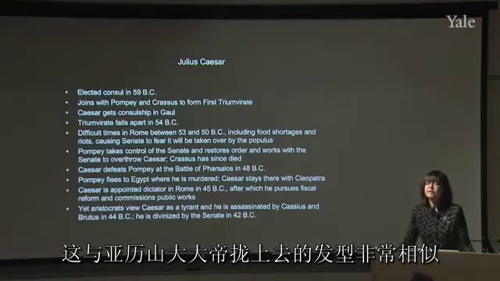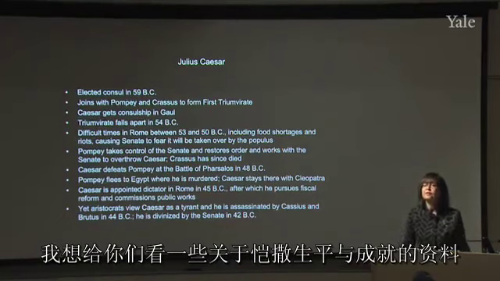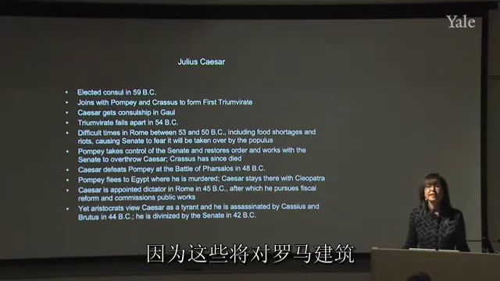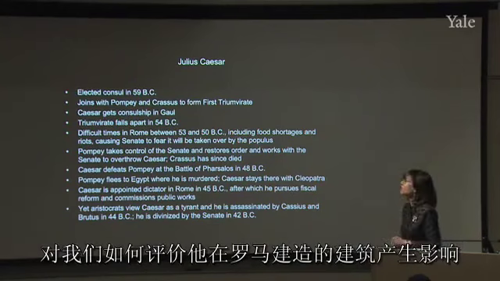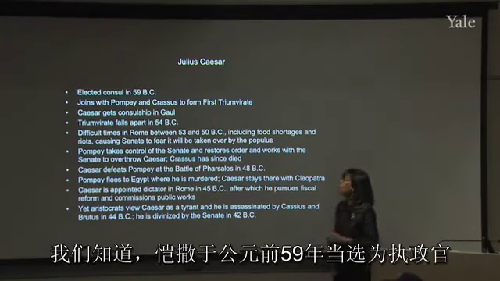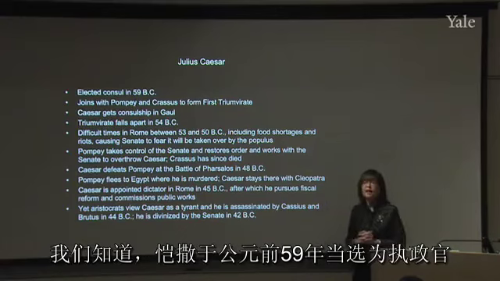I want to give you a little bit of information about Caesar, about his life, about some of his accomplishments, because these are going to have an impact on our discussion of the architecture that he commissioned in Rome. We know that Caesar was elected consul in 59 BC.